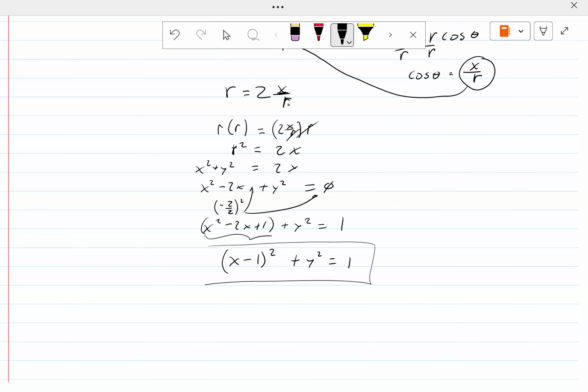And that is a circle in rectangular coordinates, centered at (1, 0) with radius 1. So even in polar coordinates, we get a circle, and in rectangular coordinates.